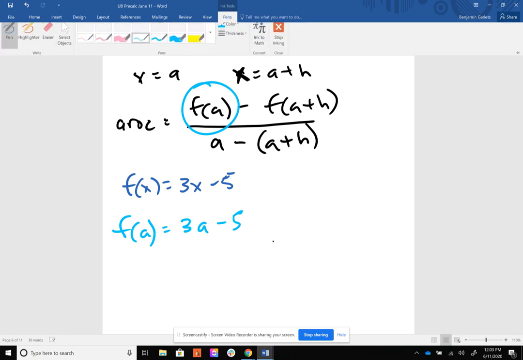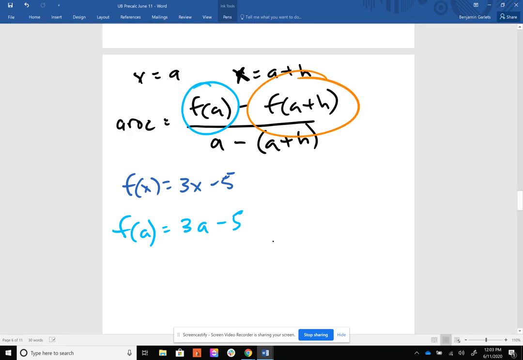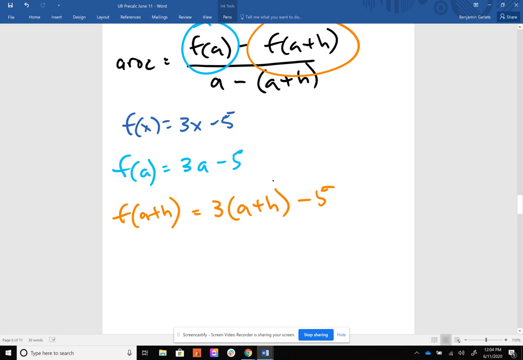All right, let's do when my input is a plus h here. So f of a plus h means I'm going to put a plus h in for my x, minus 5. So I need to distribute and simplify this one.